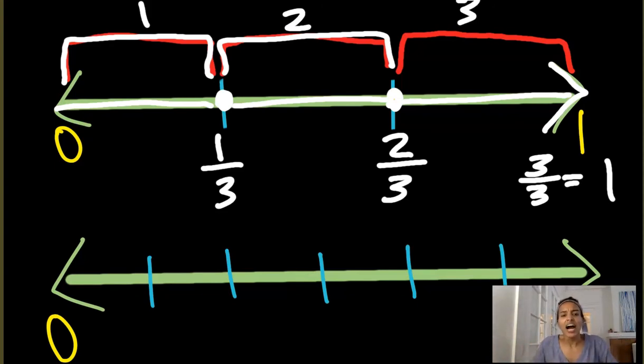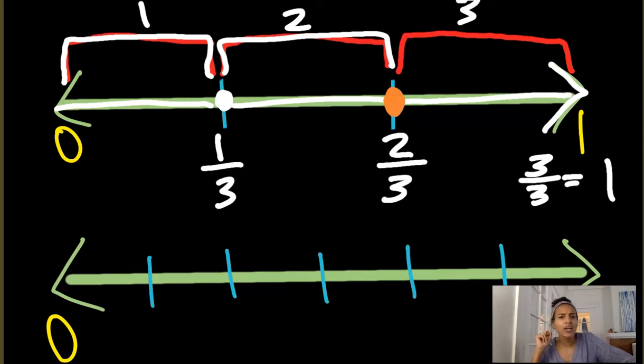Now, I want to determine an equivalent fraction to 2/3. Well, if I'm looking at my 2 number lines, I notice that the 2 number lines are actually the same size, and they both go from 0 to 1. The only difference is that they have been divided into a different number of parts.